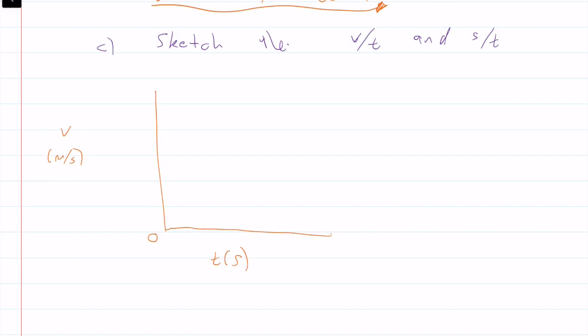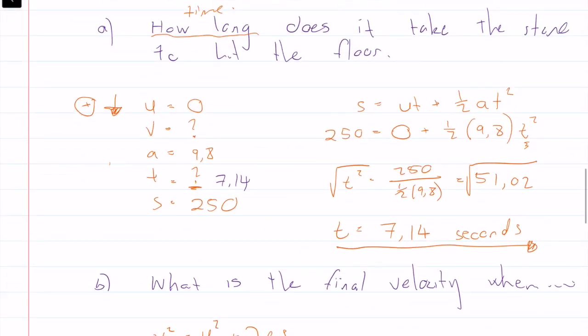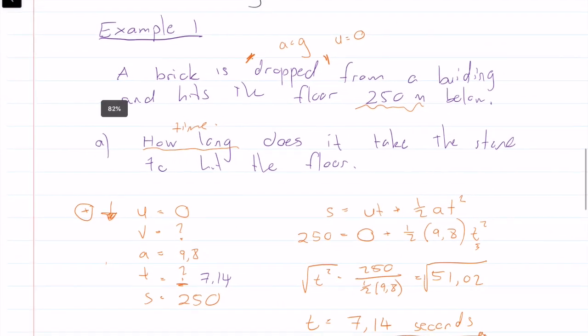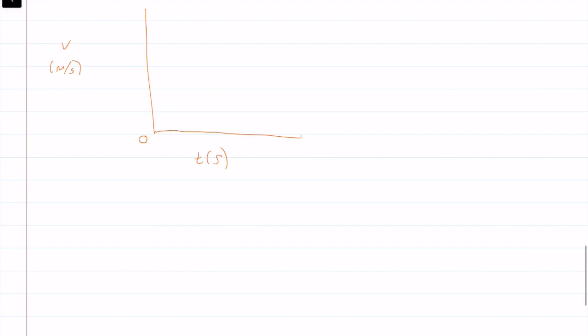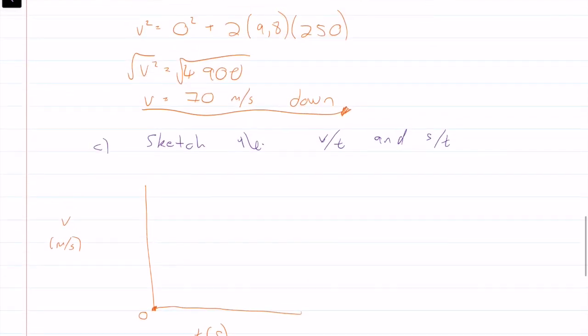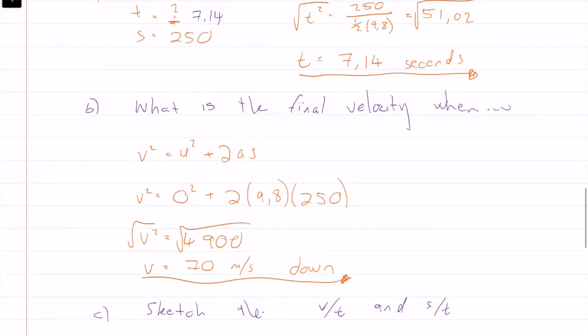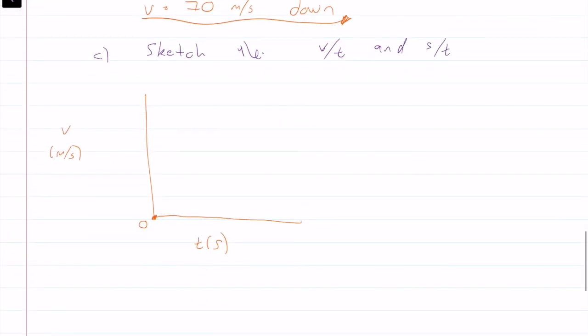Okay, so once we do this, let's understand what's actually happening. So we've dropped a brick, right? And we know it has constant acceleration. So we know the gradient is going to remain the same from our theory before that. And we know that it starts at 0, right? And we know that at a time of 7.14, it has a velocity of 70 meters per second.